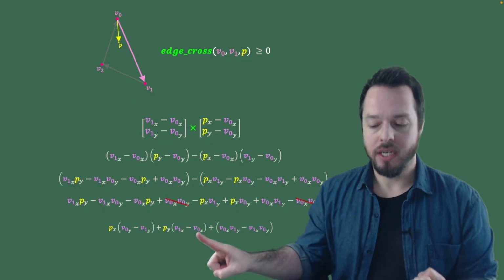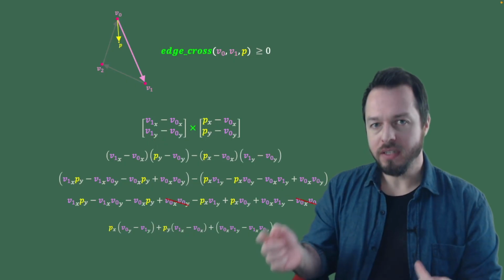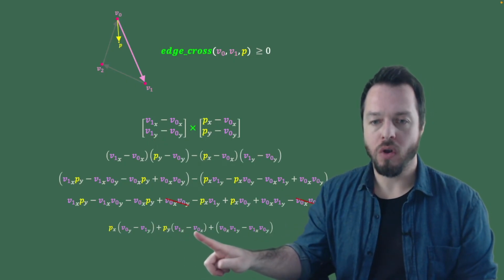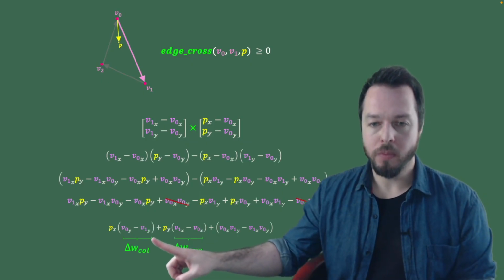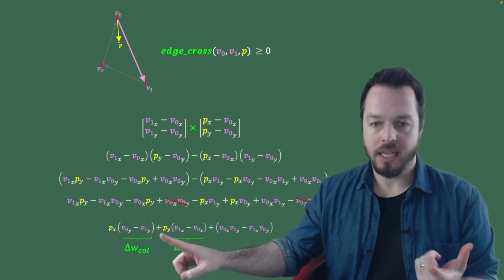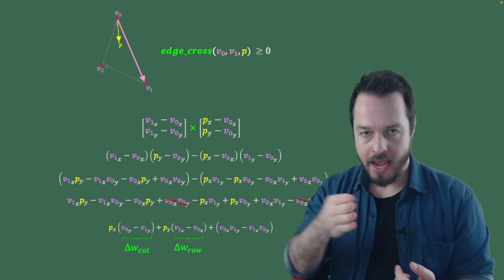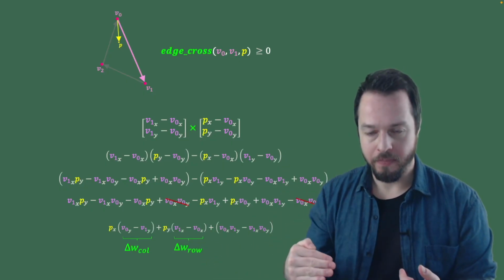This is actually our difference, the delta between the previous column and the second column, and the delta between the previous row and the second row. So these things right here, they are going to be our delta w in the column domain. So this is the delta w in x, and this is the delta w for the rows in y.